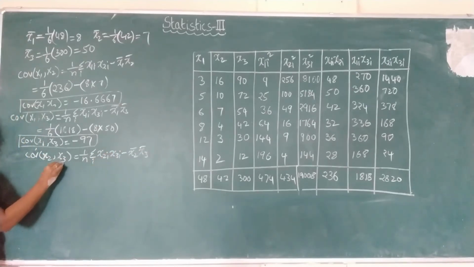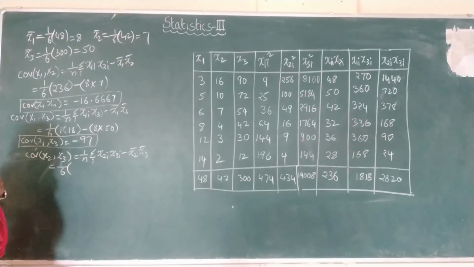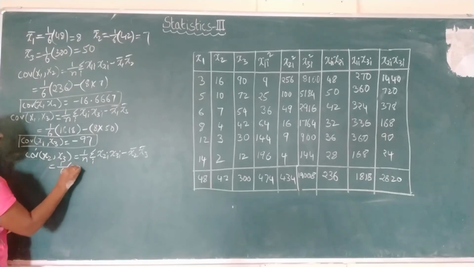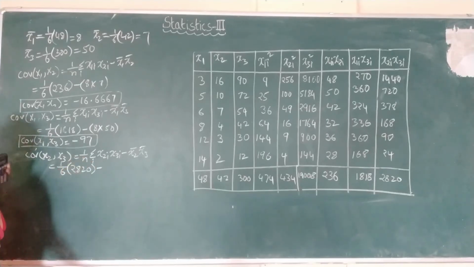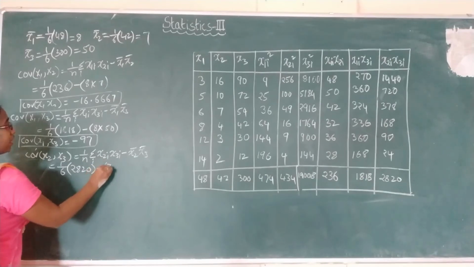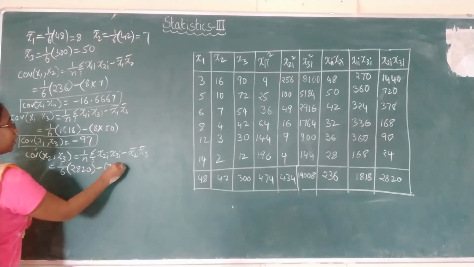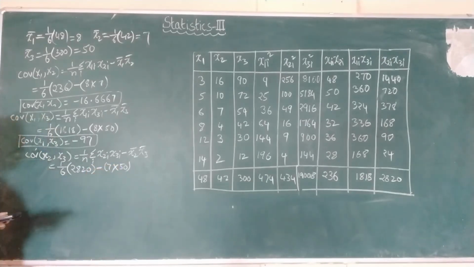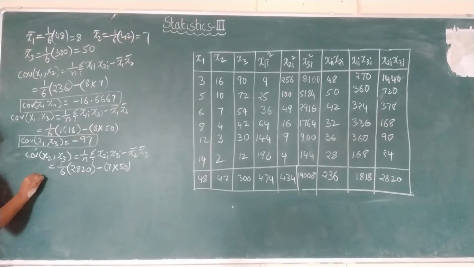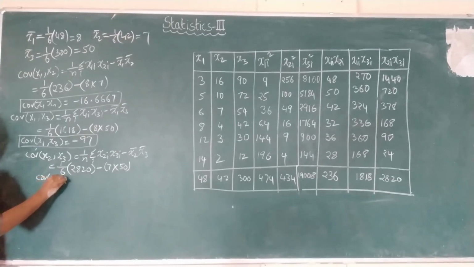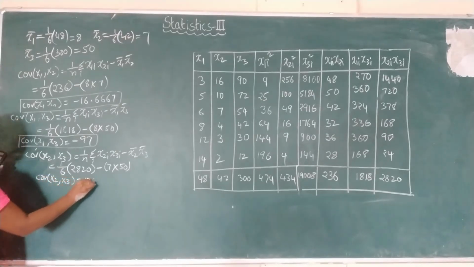That is equal to 1 by 6 into the summation of x2 x3, which is 2820, minus x2 bar value, which is 7, into x3 bar value, which is 50. So 2820 divided by 6 minus 7 into 50. You will get the answer as 120. So covariance of x2, x3 equals 120.